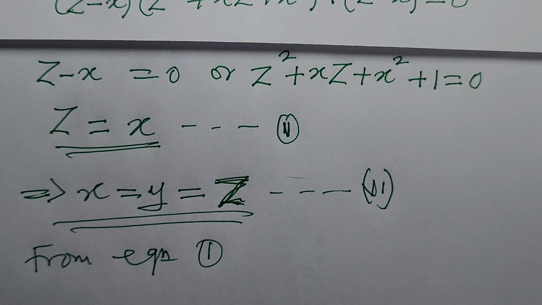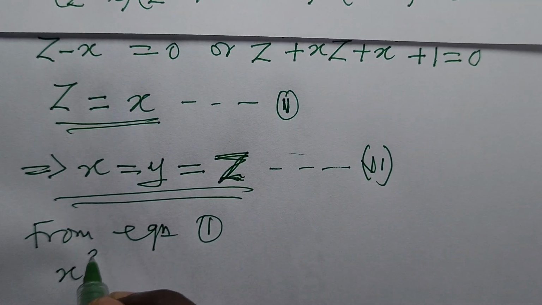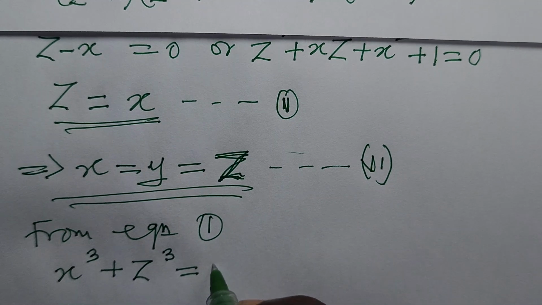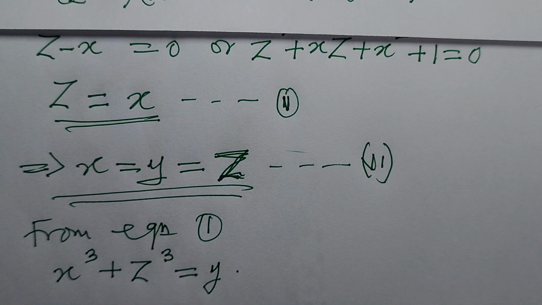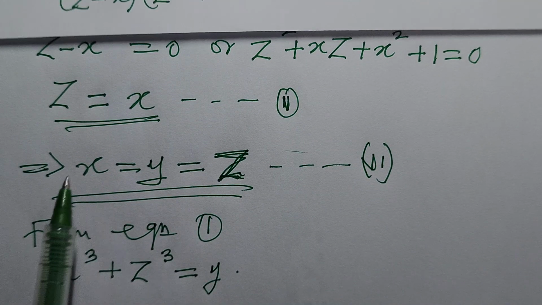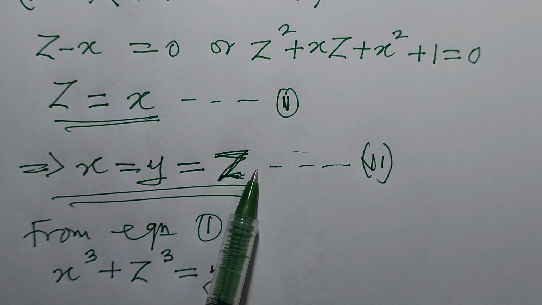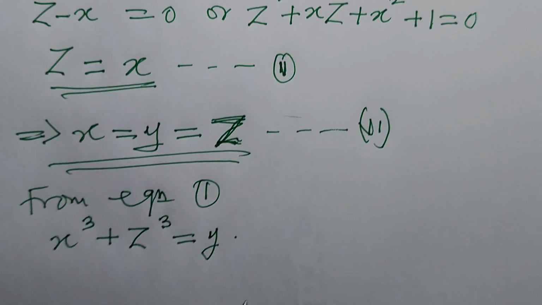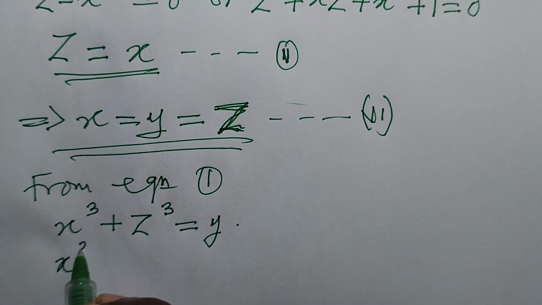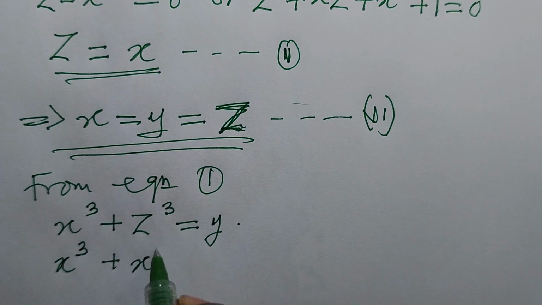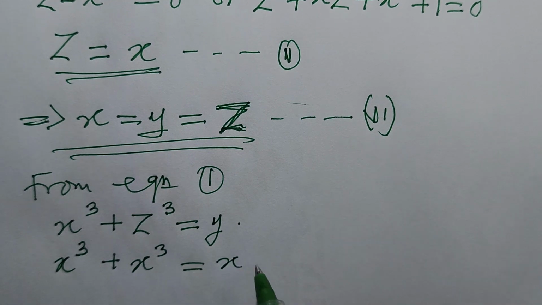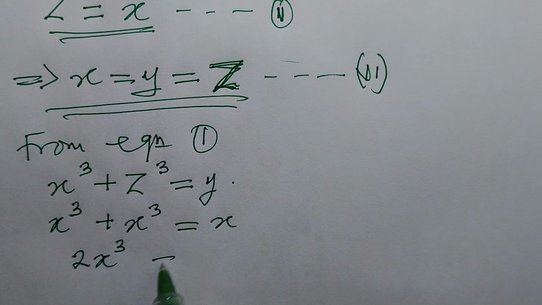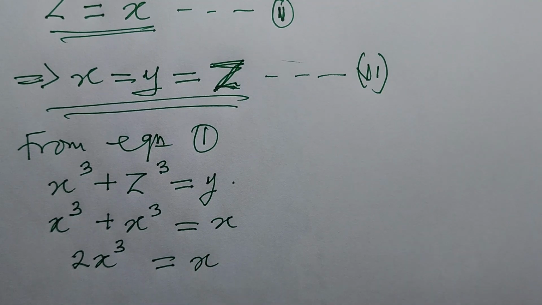We have x to the power of 3 plus z to the power of 3 equal to y. Seeing that we established the fact that x is equal to y is equal to z, we can put in x here, and x here also. So this is going to give us x to the power of 3 plus x to the power of 3 equal to x here. So we have 2x to the power of 3 equal to our x.